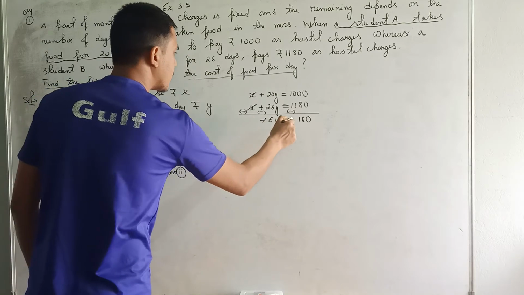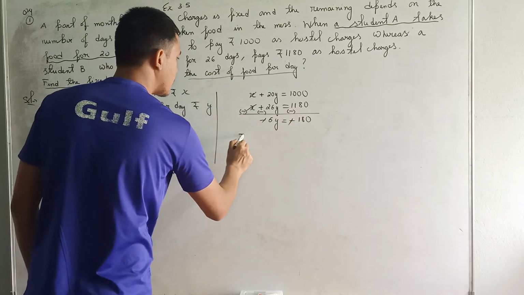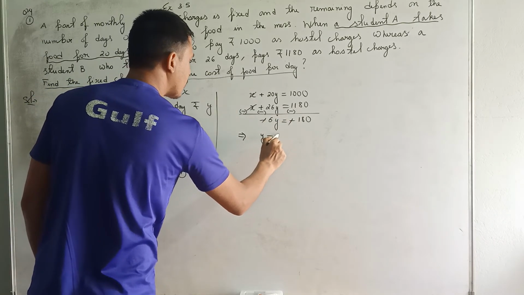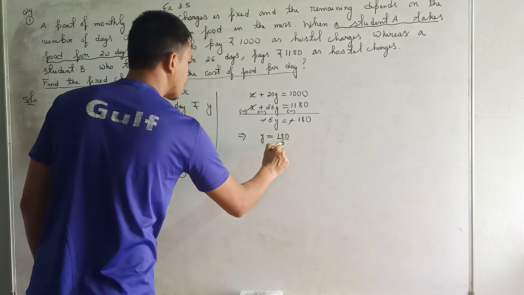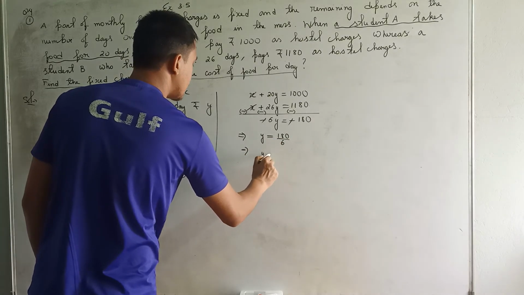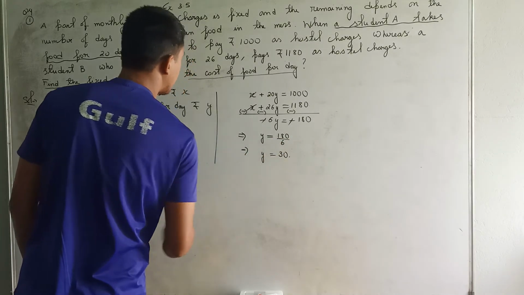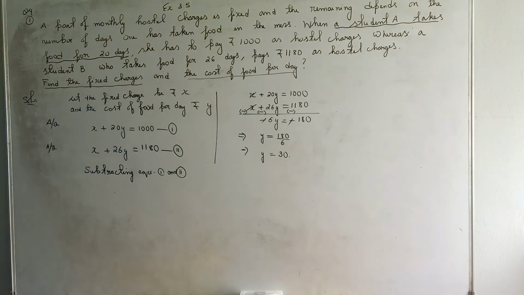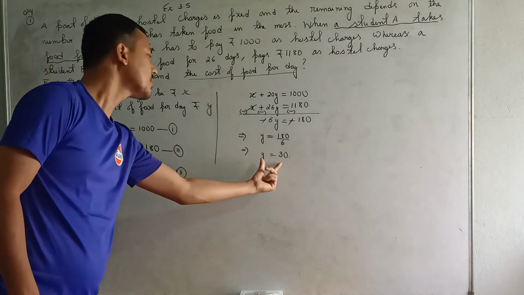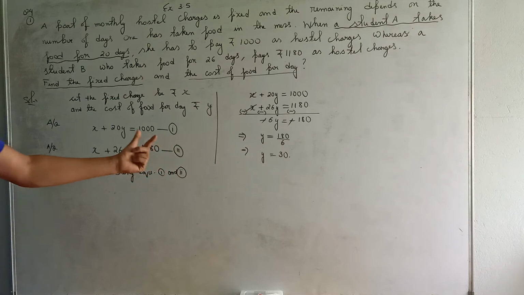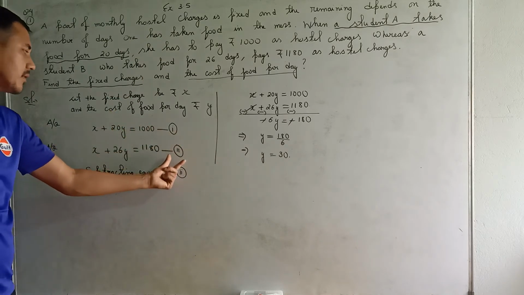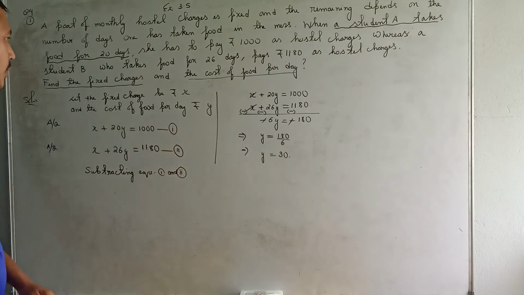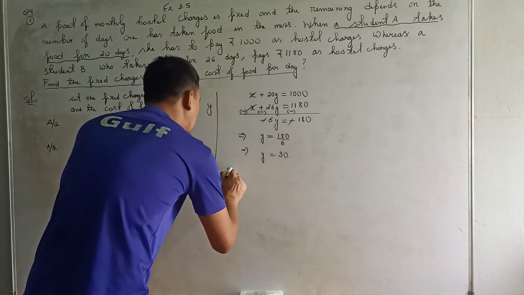So minus gets eliminated. So y equals 180 upon 6. So y is equal to 30 rupees. Since we have obtained y, you can substitute the value of y in any equation that you desire. Suppose equation 1.